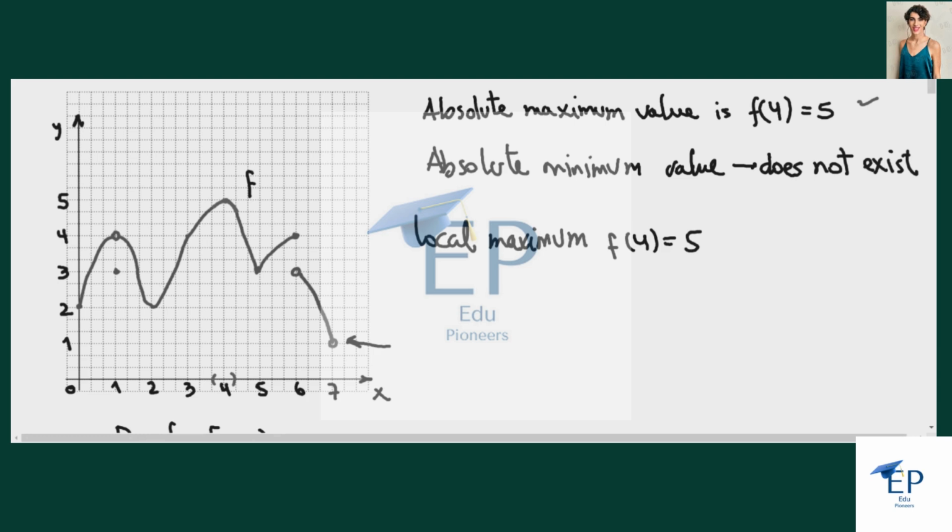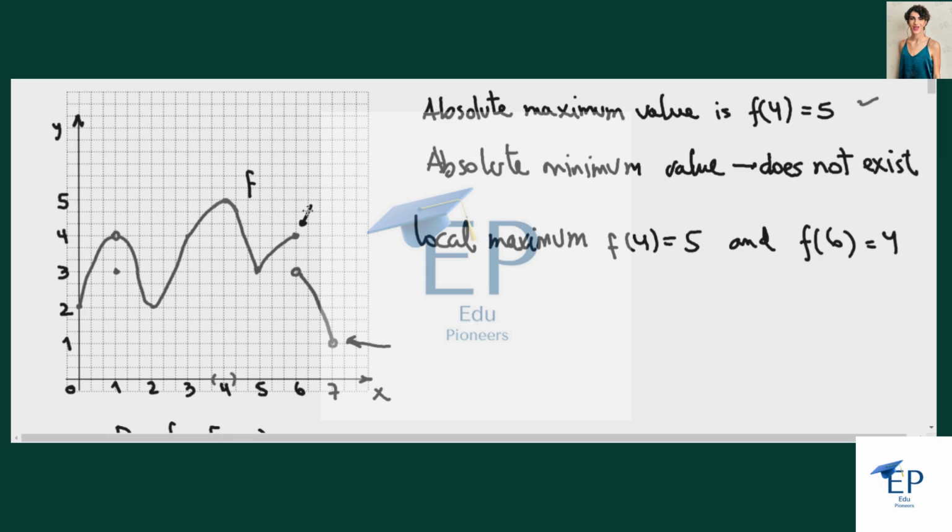But there is another one. Let's say at 6 we have again a local maximum. At 6, the image of 6 is 4, because that value is included in the graph, because we have the filled circle here.